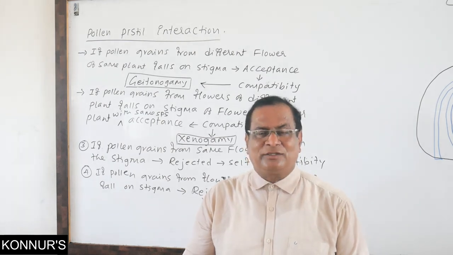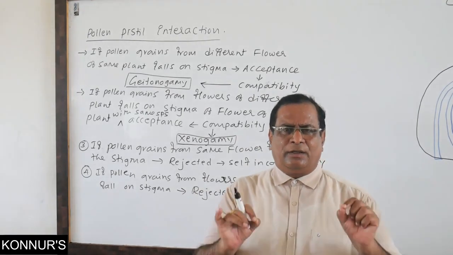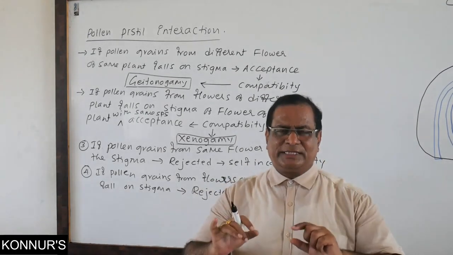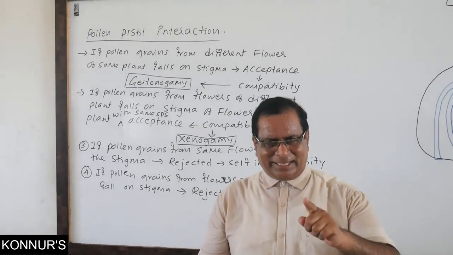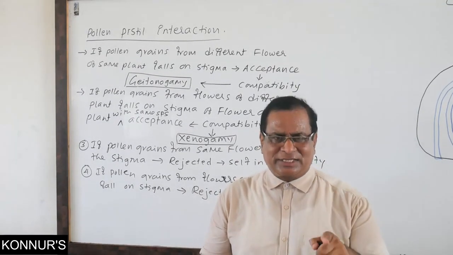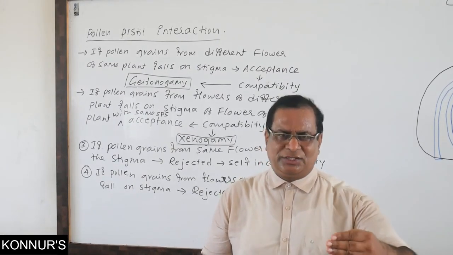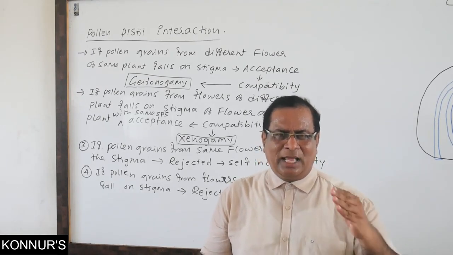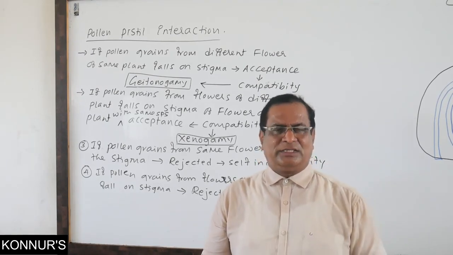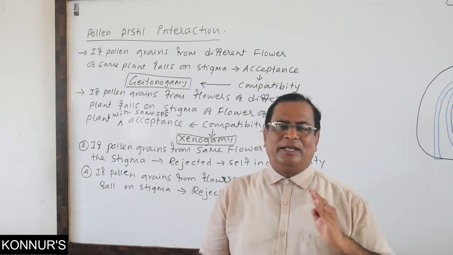Under that condition also, acceptance. Whenever the pollen grain falls on the stigma, that pollen grain is either accepted or rejected, which is based on the interaction, the dialogue exchange between pollen grain and stigma, which is mediated by the chemical secretion.